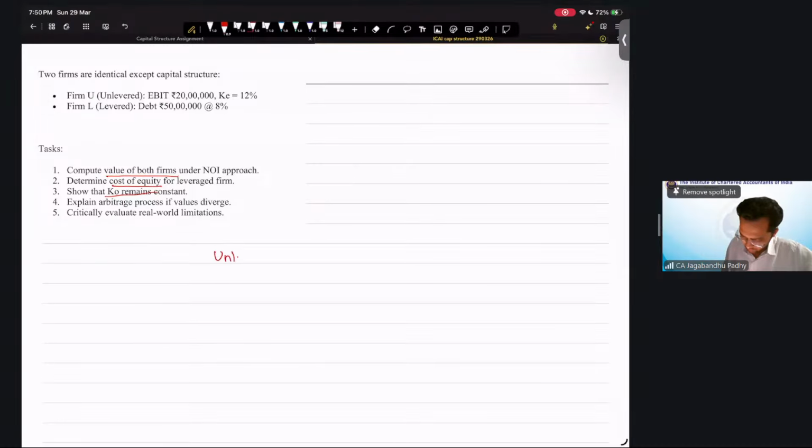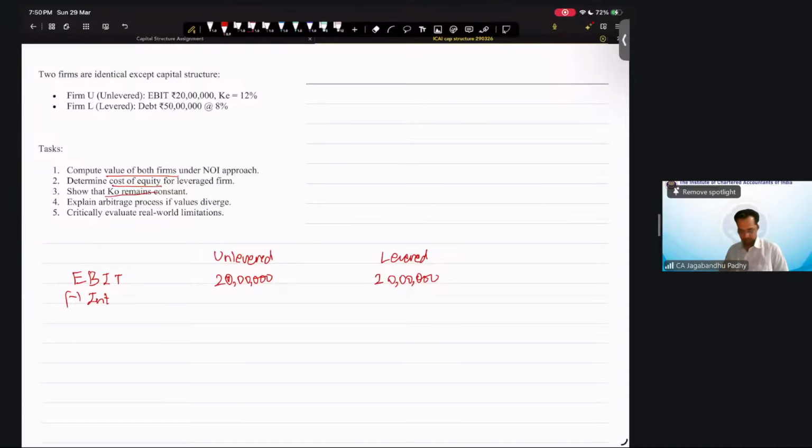Okay. So we have two companies over here, unlevered and levered. Now we have the EBIT values. EBIT is 20 lakhs for both. And then you subtract interest from that. Interest is 50 lakh into 8%. 50 lakh is the debt amount, 8% is the rate of interest. So 50 lakh into 8% is 4 lakh.